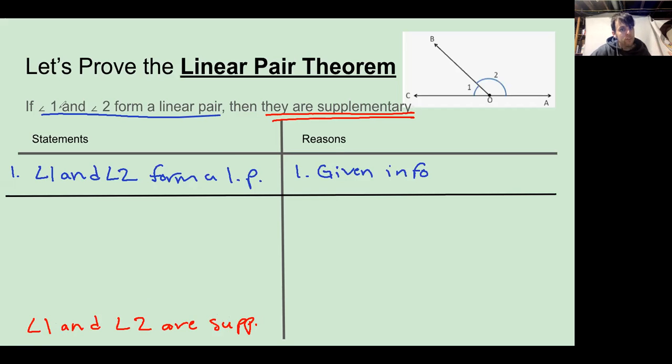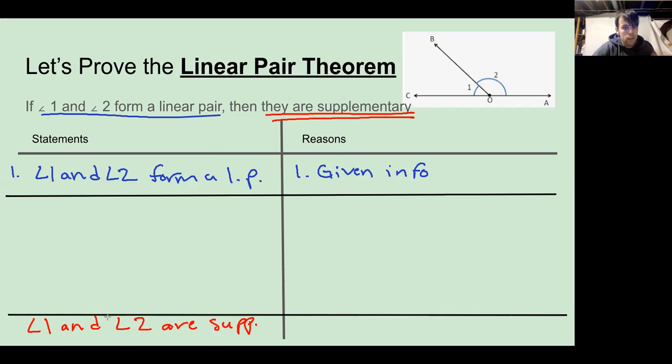So I know where the proof needs to start and I know where it needs to end. It's that middle section and how to get there that becomes a little bit tricky. And I don't really know the reason for this yet. So I'm going to leave the reason side of this blank because I don't know. Since I don't know what comes before this, I don't necessarily know how I'll get there or what my reason will be.